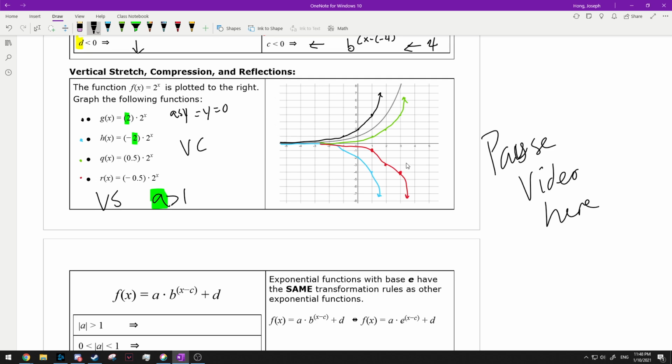Vertical compression is whenever your a is between 1 and 0. And that's these right here.